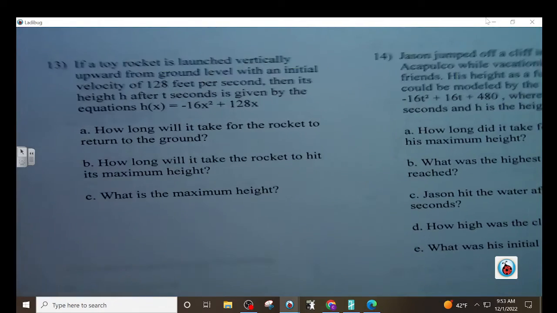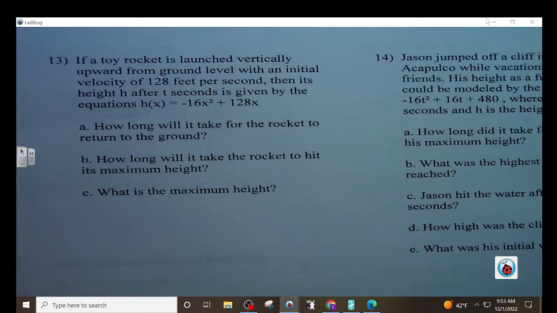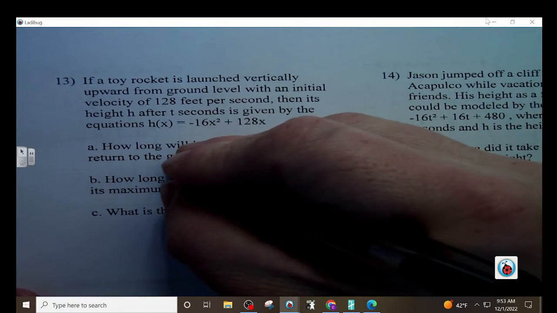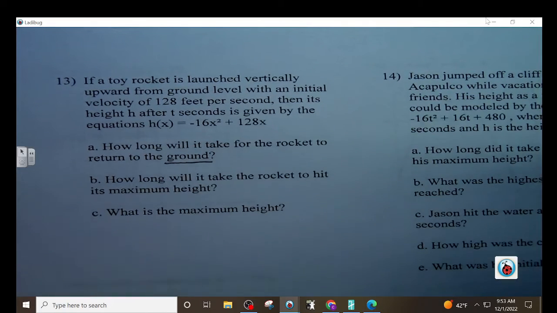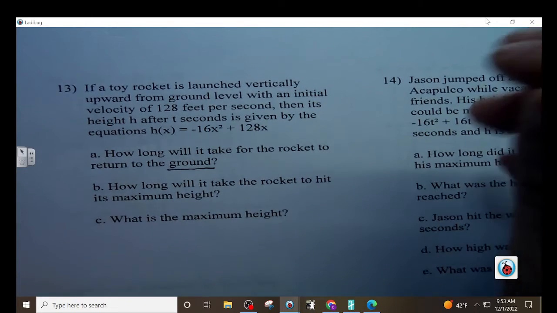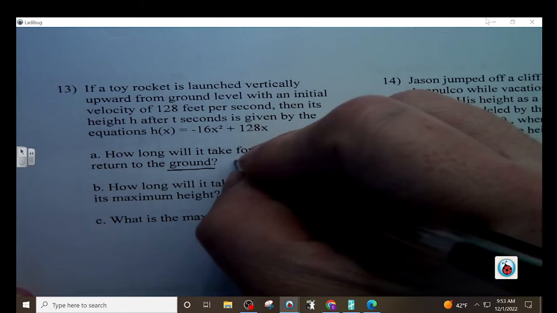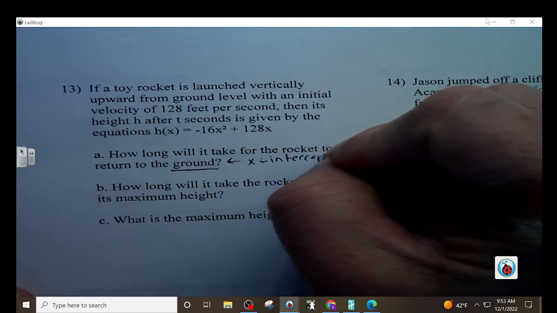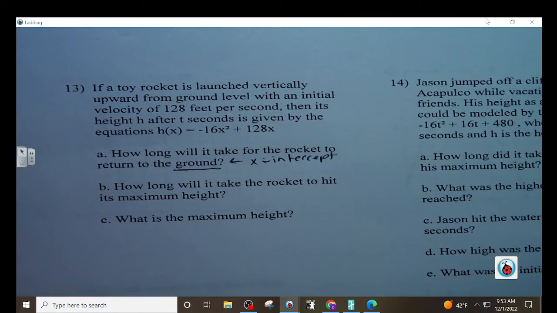All right, so looking at the right side of your sheet, now, guys, remember, if you have the keyword ground, what are you looking for as far as your graph goes? X-intercept. That's your x-intercept. Now, guys, I'm gonna let you do these, but that is your x-intercept. It's your x-intercept.